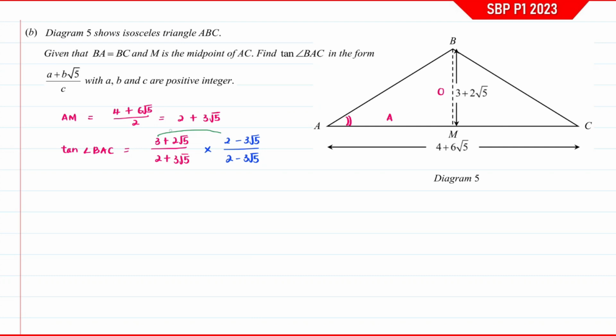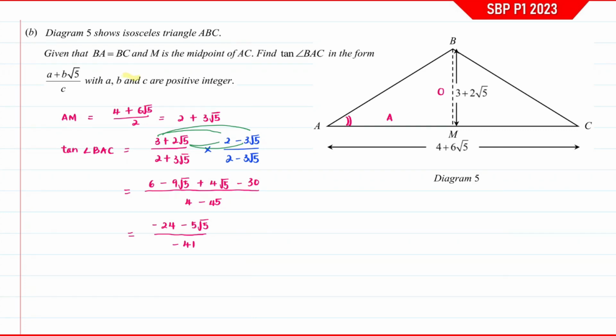As we expand the numerator part, this will equal 6 minus 9 root 5 plus 4 root 5 minus 30, over 4 minus 45. So next we're going to get (negative 24 minus 5 root 5) over negative 41.